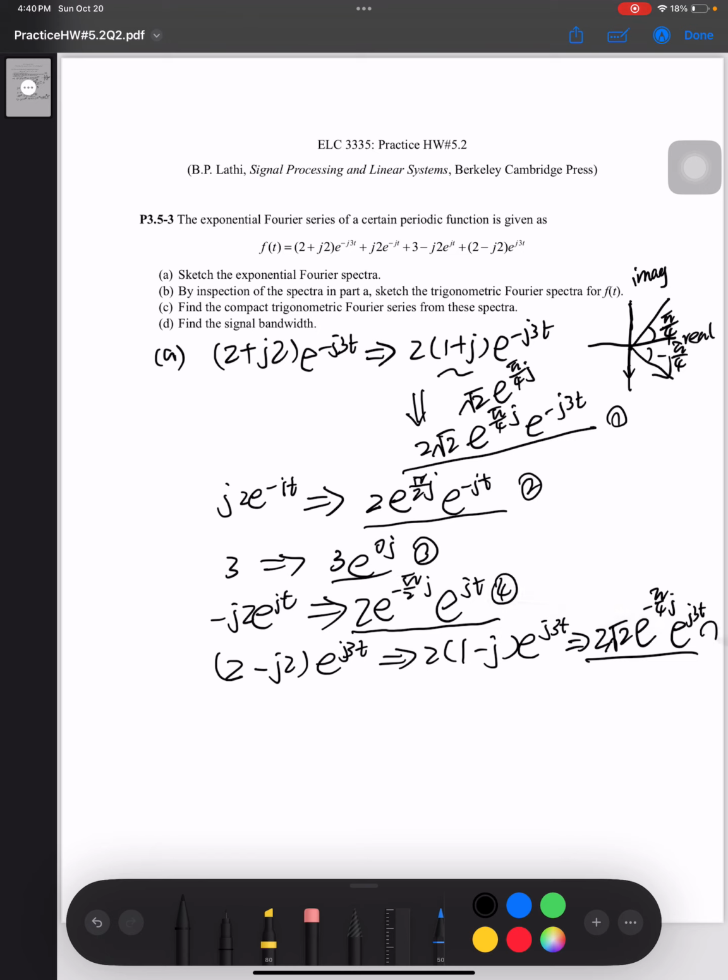For the first term, n is minus 3 and the amplitude D minus 3 equals 2 times square root 2, and the phase is equal to pi over 4.